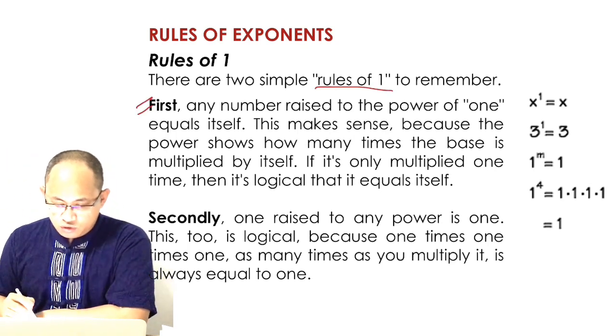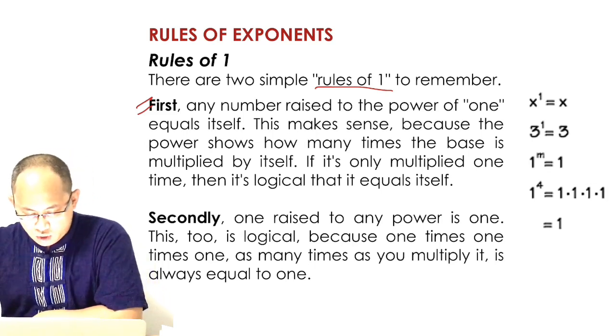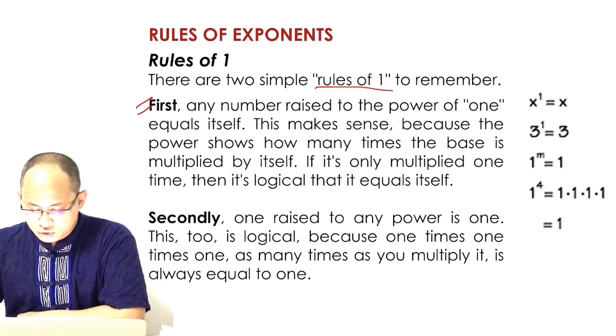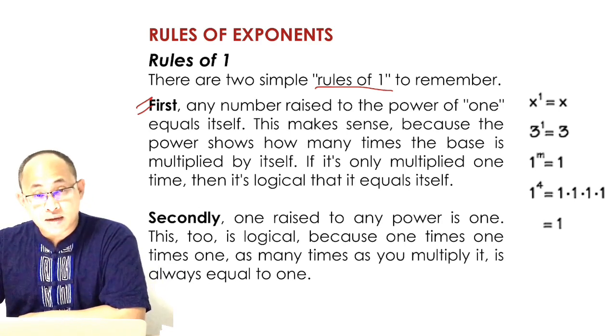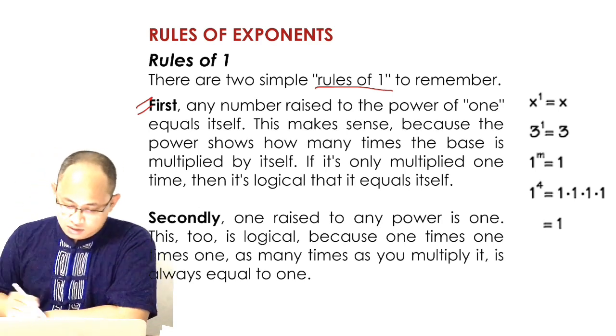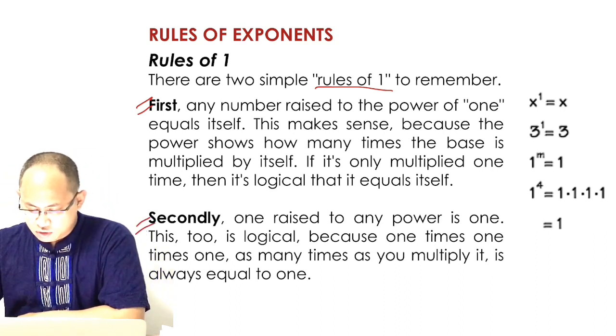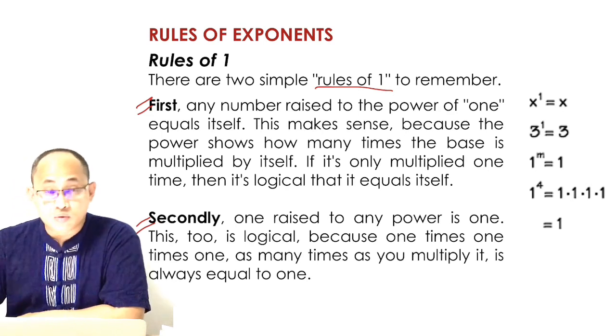So there are rules of 1. First, you have to remember two things. Any number raised to the power of 1 equals itself. It makes sense because the power shows how many times the base is multiplied by itself. Second, 1 raised to another power is logical because 1 times 1 times 1 is equal to 1.